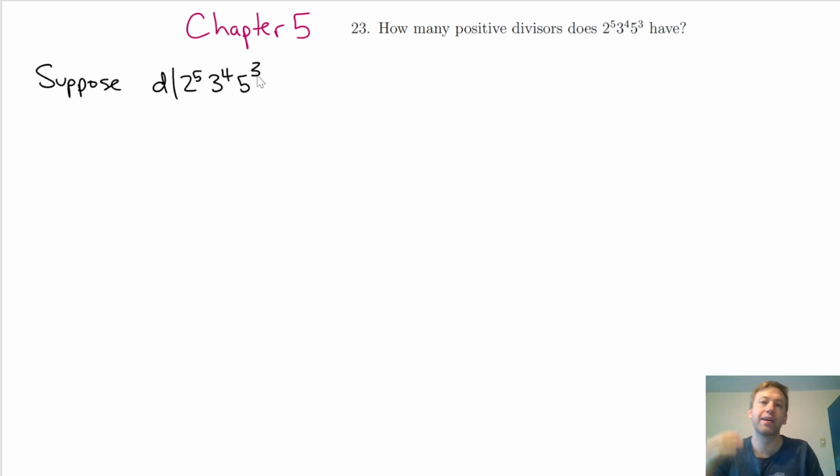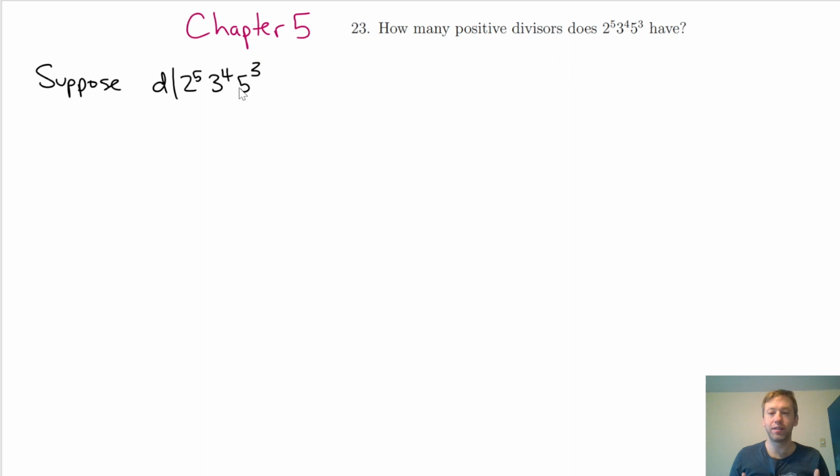Now, if you think about it, D can only have, in its prime factorization, the numbers 2, 3, and 5. And the exponent of 2 can't be bigger than 5, the exponent of 3 can't be bigger than 4, and the exponent of 5 can't be larger than 3.